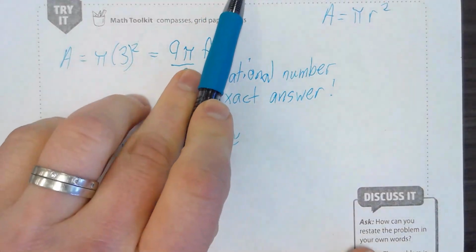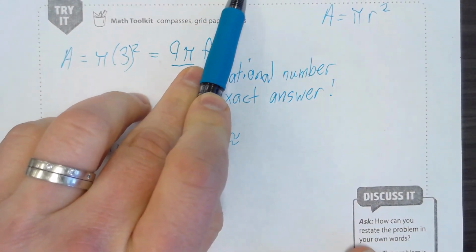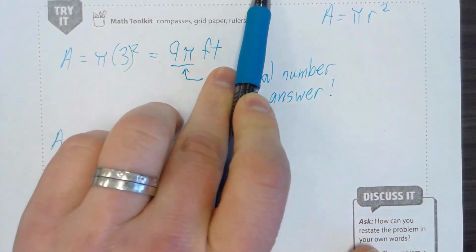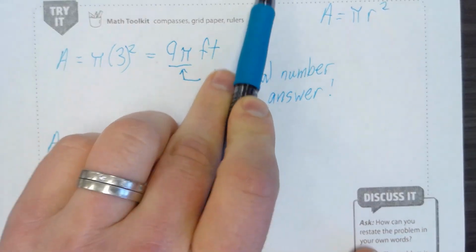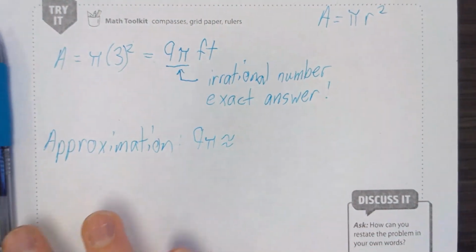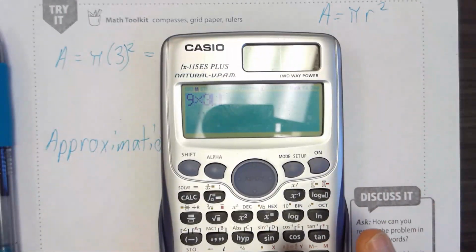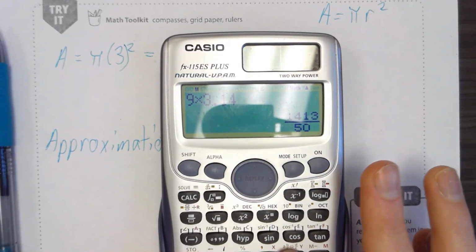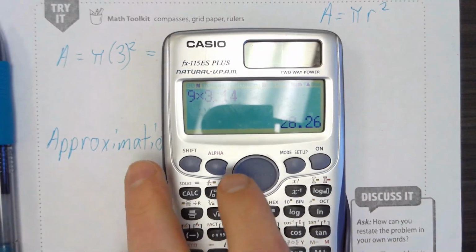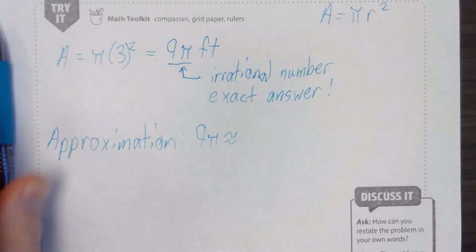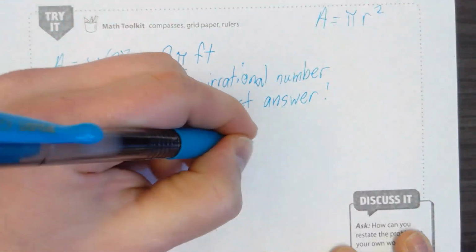We could do 9 times 3.14. We could do 9 times approximately 22 over 7. I'm just going to start by doing 9 times 3.14. And we get that. I'm going to write that as a decimal. We get 28.26 approximately.